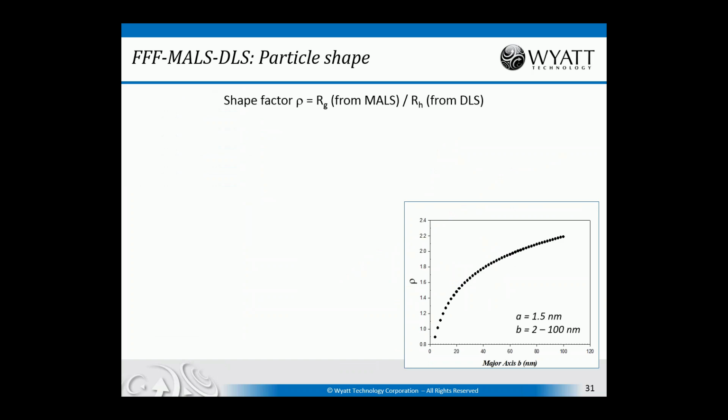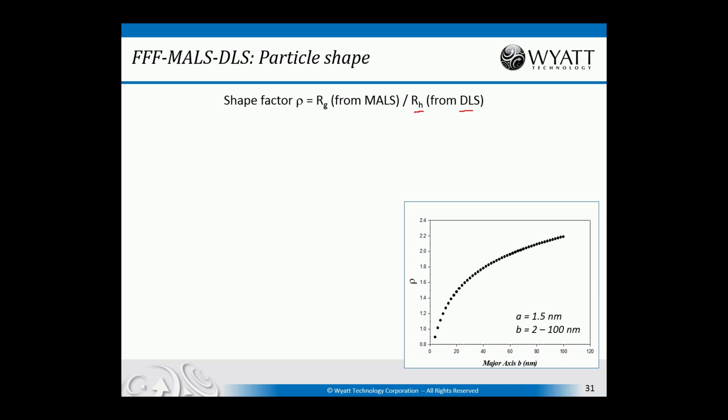If we combine online dynamic light scattering with multi-angle light scattering, it's possible to determine what's known as ρ, the shape factor, which is the ratio of the root mean square radius determined by multi-angle light scattering to the hydrodynamic radius determined from dynamic light scattering.